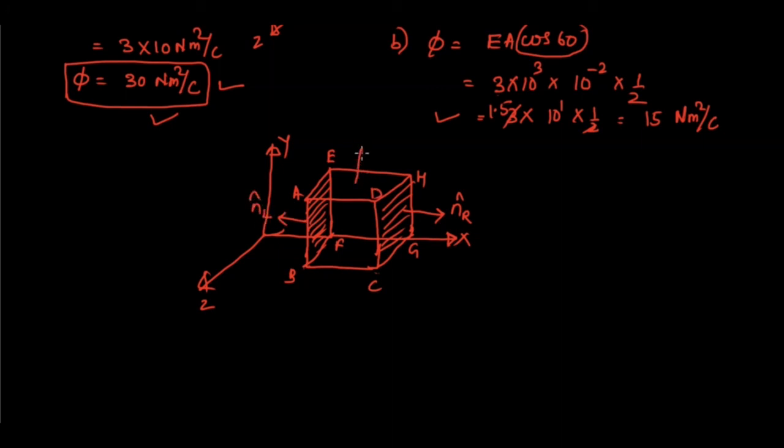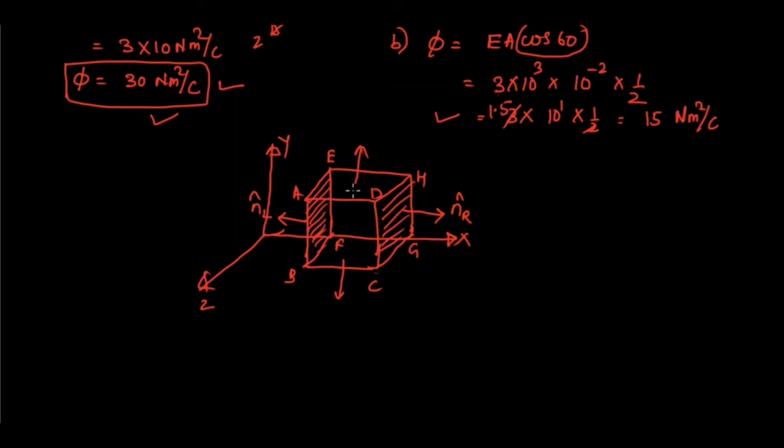This is for the top surface, this is for the bottom surface, and this is the front surface, and this is for the back surface. Again, we know that since the electric field exists only along the x-axis, the electric field will link some electric flux with the left surface and with the right surface.